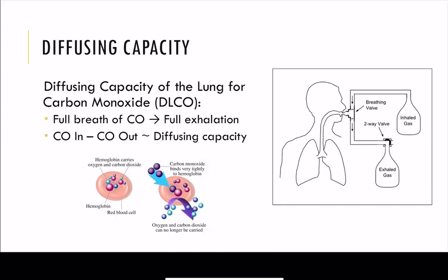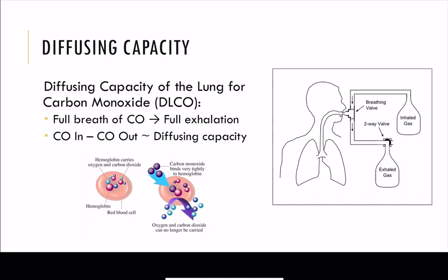We use carbon monoxide because it has an extremely high affinity for hemoglobin. This is the reason why people get carbon monoxide poisoning, because if hemoglobin is given the choice between carbon monoxide and oxygen, it would much rather go with carbon monoxide.